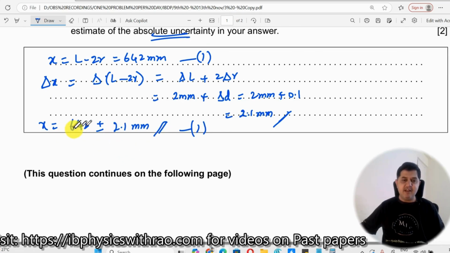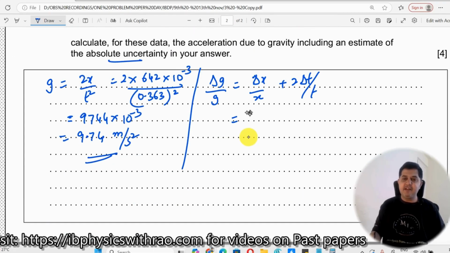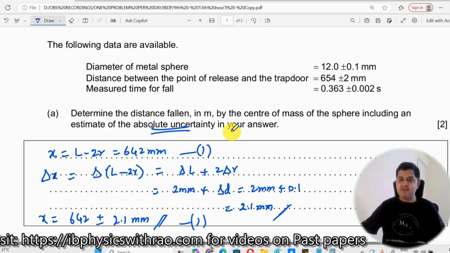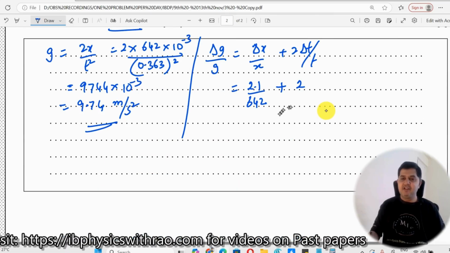Okay, 2.1 divided by x value 642, plus 2 times what's the value of delta t by t? It's already given here. Delta t 0.002 divided by 0.363.